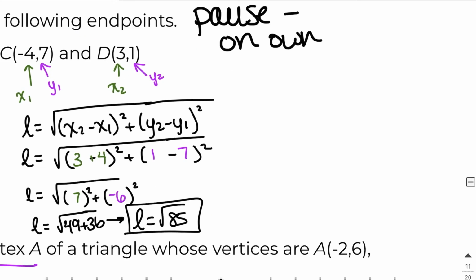So this is the answer that you should have gotten. If you did not get this answer, go through, look at your work maybe once or 2 more times. And if you're still struggling with it, just write a note to have me look at it in class so we can help you figure out what might have gone wrong.